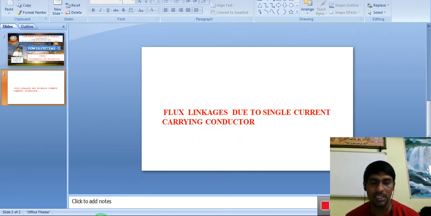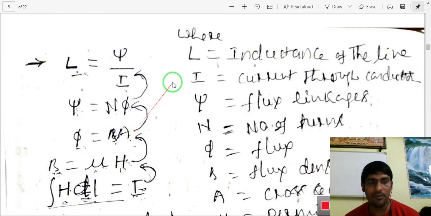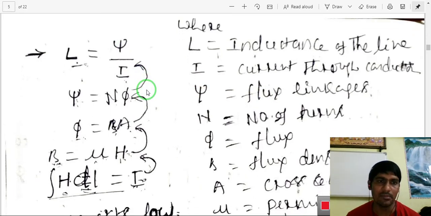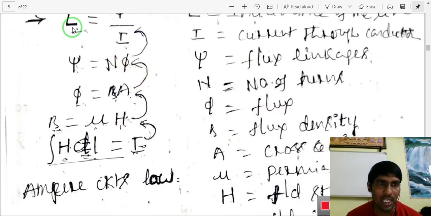If we want to calculate the inductance of a transmission line, we should know the flux linkages in the conductor. The formula for inductance is L equal to psi by I, where psi equals flux linkages and I equals the current through the conductor.